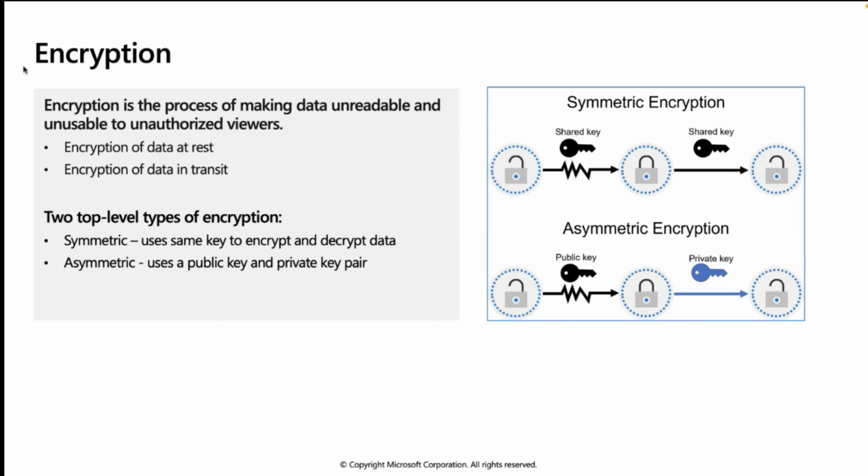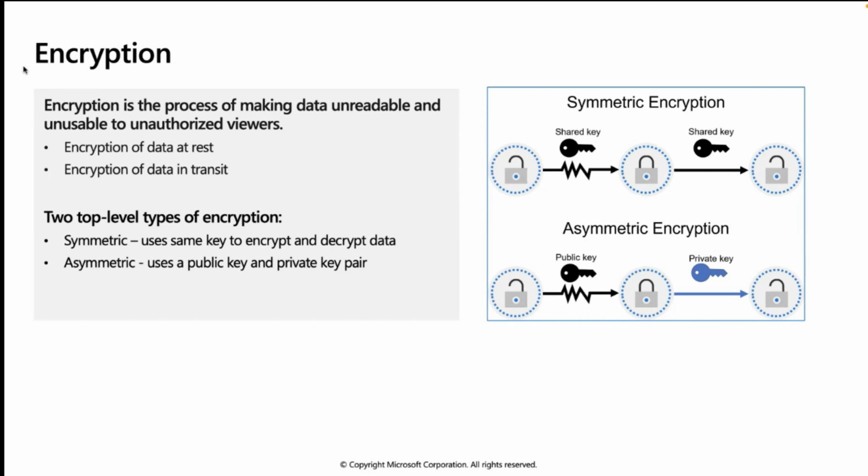So for example, if you've got a Windows 10 or Windows 11 machine, then we have an encryption algorithm called BitLocker. And BitLocker is a data at rest solution. And it uses a single shared key, okay, to encrypt your data and then decrypt your data. Particularly useful for very large volumes of data.